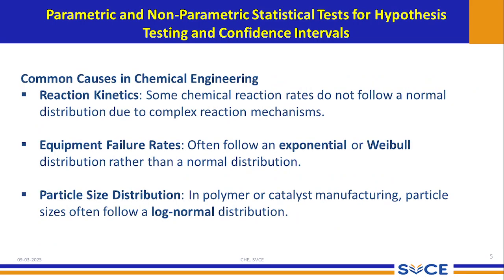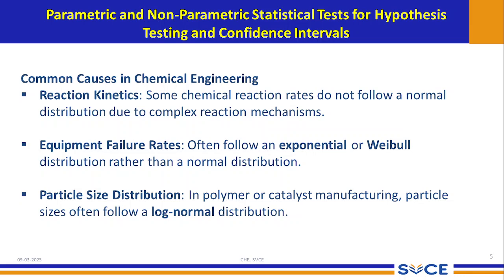Coming to the common causes of non-parametric data: in reaction kinetics, some chemical reactions do not follow a normal distribution due to complex reaction mechanisms. Another example is equipment failure rate, which often follows an exponential or Weibull distribution rather than the normal distribution.